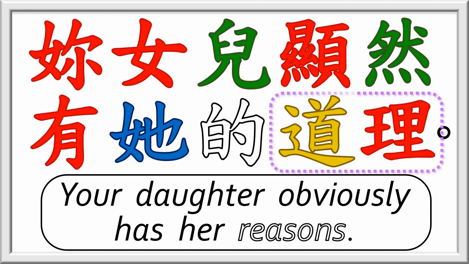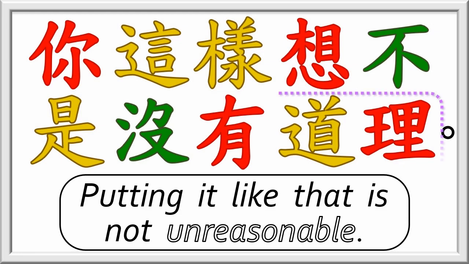你女儿显然有她的道理。Your daughter obviously has her reasons. 你这样想不是没有道理。Putting it like that is not unreasonable. Notice that Chinese also uses double negatives to mean a positive.